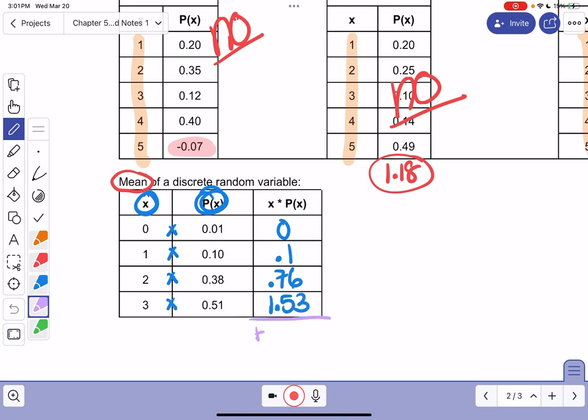Then we add these up. Once we add those up, we get 2.39. So that would be our mean of a discrete random variable. Whatever we're talking about, what this means is over time, if we repeated this experiment, the average would be 2.39.